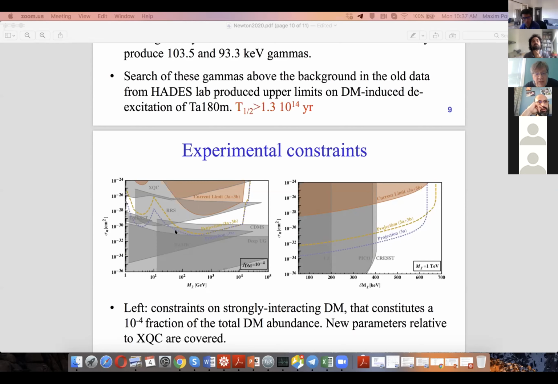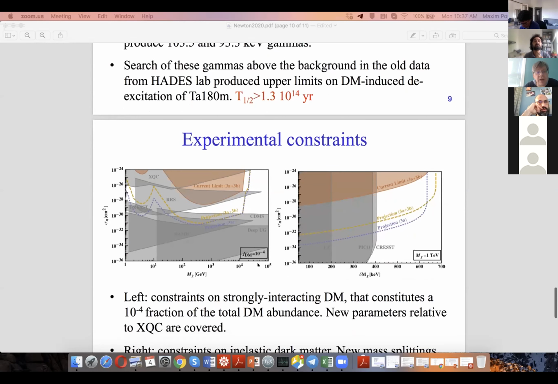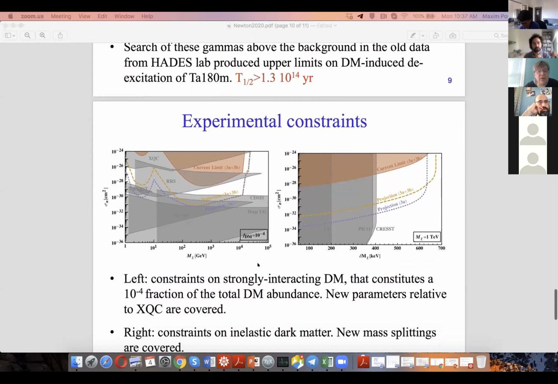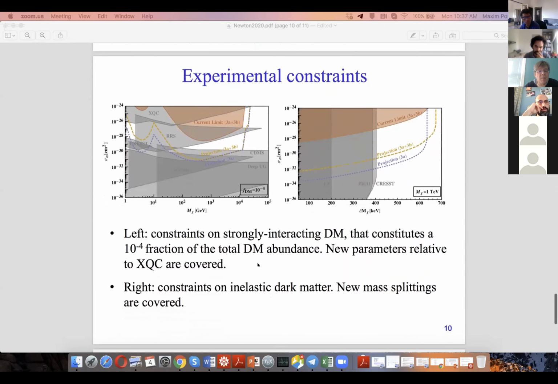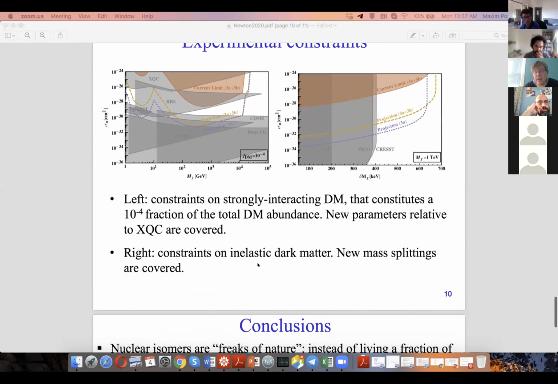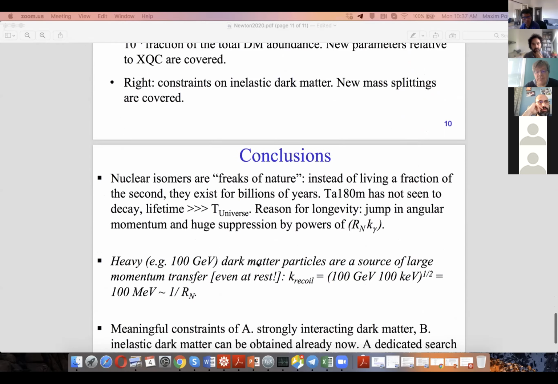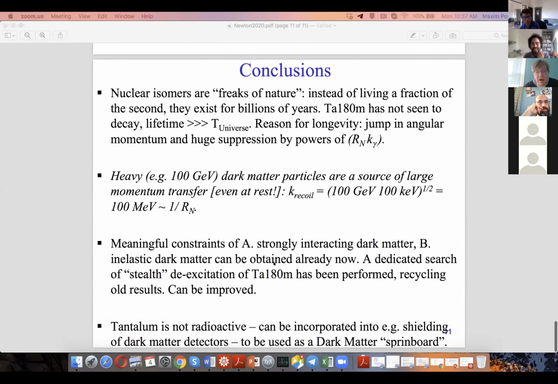So you can see that if you can do a dedicated search, you can cover quite a bit of parameter space, and this is for a fractional dark matter abundance of 10 minus 4, which is already getting into a very interesting range for this example of strongly interacting dark matter that I just referred to.